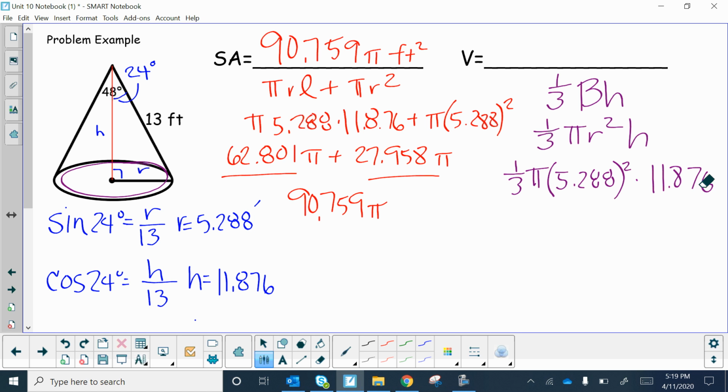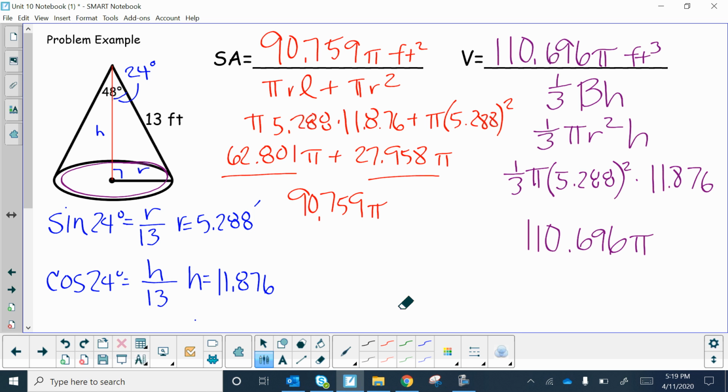Let me try this again. 5.288 squared times 11.876 equals about 332, divided by 3, which is the same thing as times 1/3. So this is about 110.696 pi, and this is in units cubed. So this is going to be 110.696 pi cubic feet.